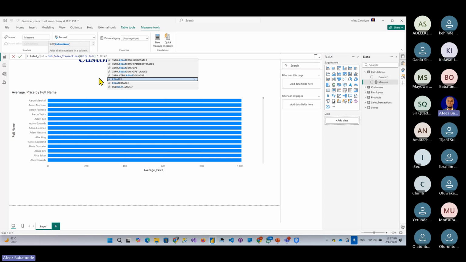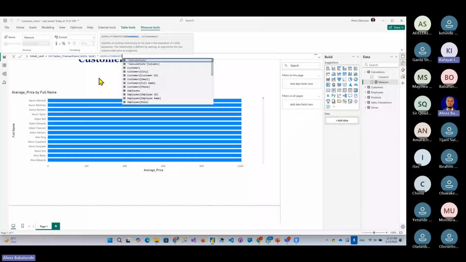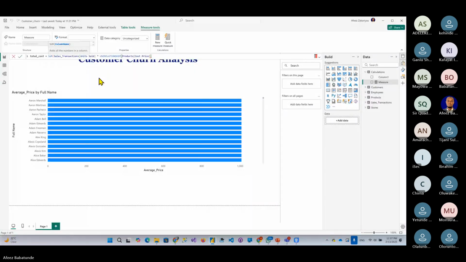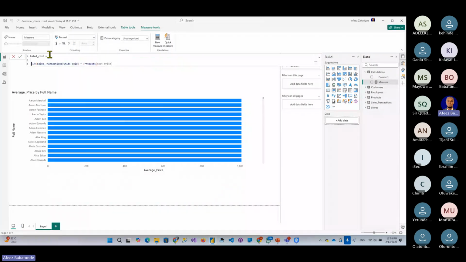Okay, use relationship, product cost price. Let me pick it from here. Let me have some variable here. So I think you're getting what I'm doing.